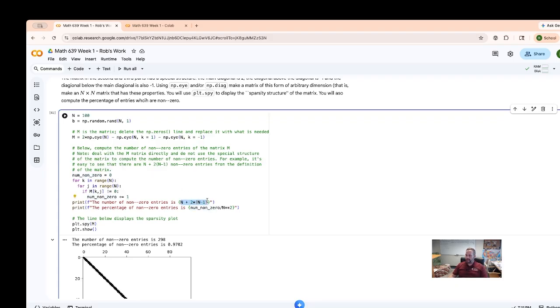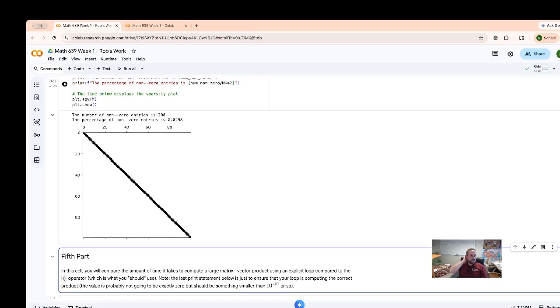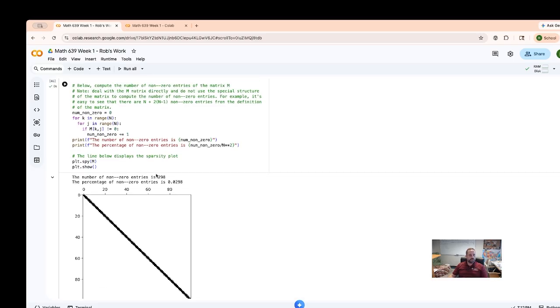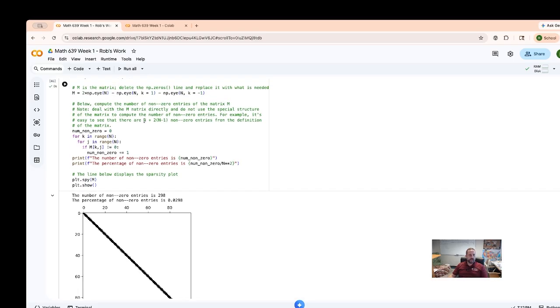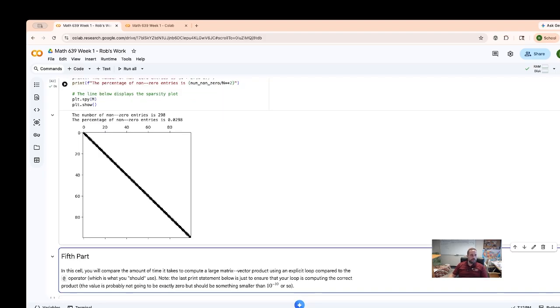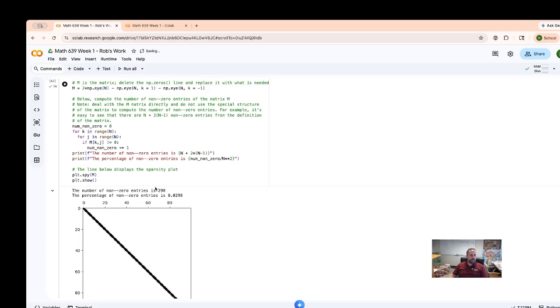Now we're going to get 298, which is exactly what the previous computation got us, I think. Yeah, 298.